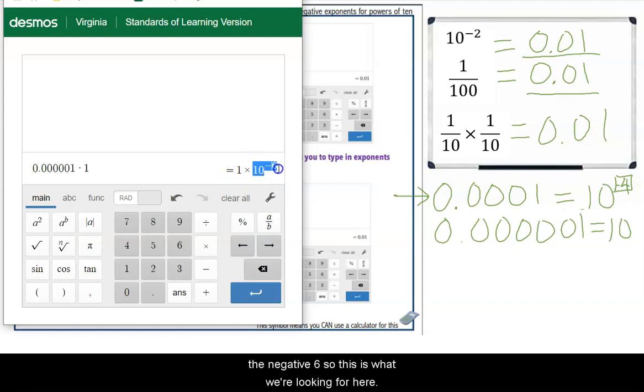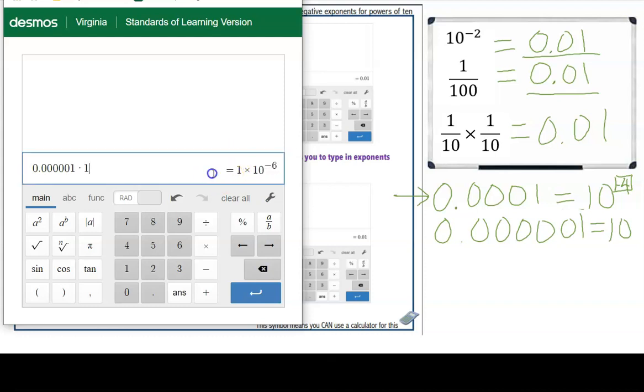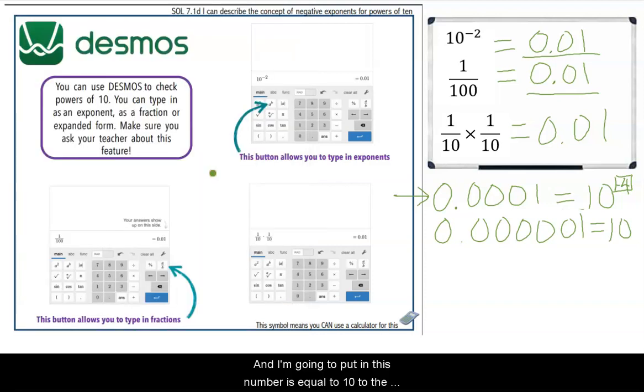So this is what we're looking for here. So now I can go back and say this number is equal to 10 to the negative 6th power. Okay, now you're going to have some practice with powers of 10 using the chart and using your Desmos.